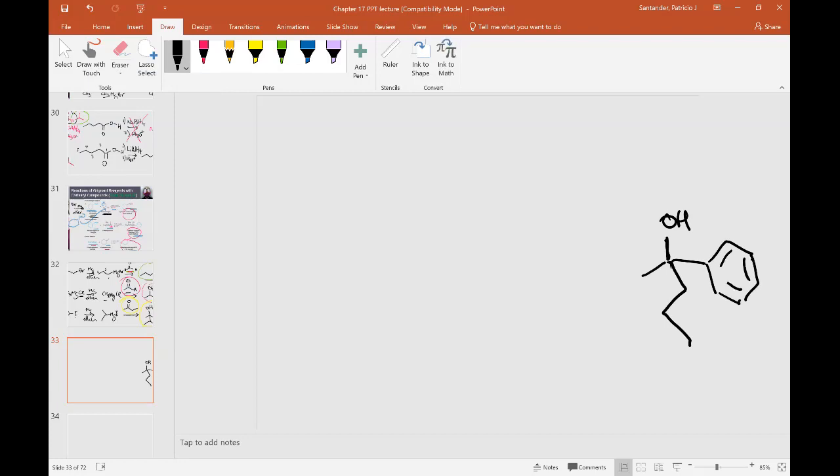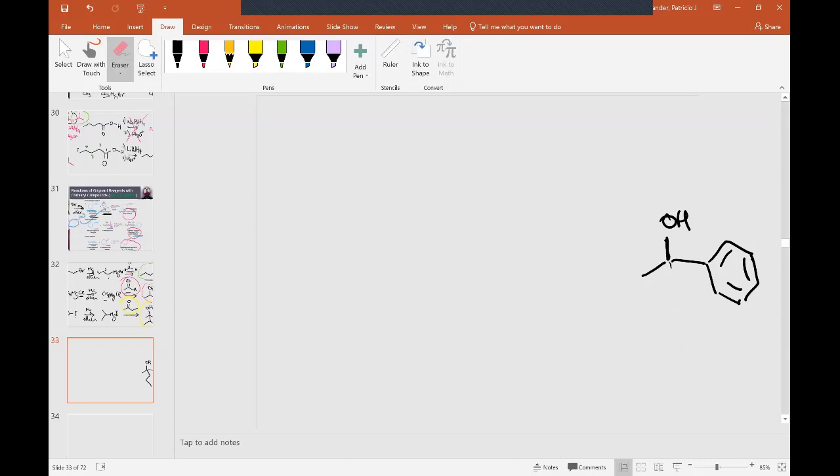That, right? So you have a phenyl group, you have a propyl group, and you have a methyl group. So all 3 substituents are different.